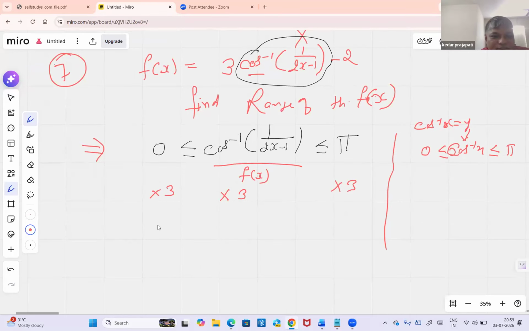So this will simply be 0, this will become 3 cos inverse of 1 by 2x minus 1, and this will become 3 pi.